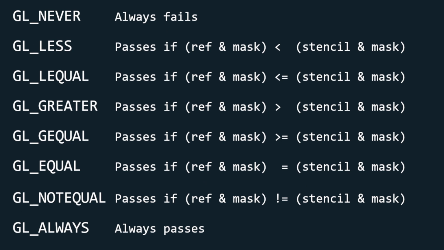The function can be one of these, by default being set to glAlways, so the test always passes. The reference value is simply the value we use to compare in the function. Notice how before comparing the stencil value with the reference value, we apply a bitwise AND operation to both using the mask. This means that if we want to compare the numerical value of the two accurately, you will want your mask to be 0xFF so that nothing changes.